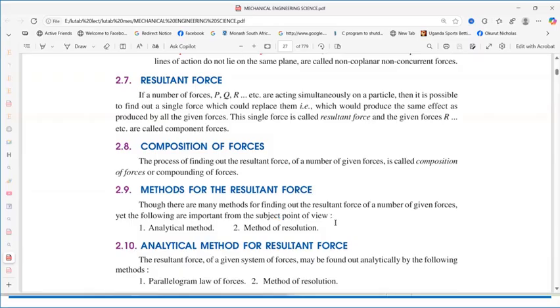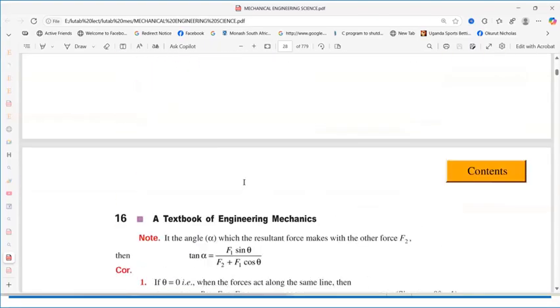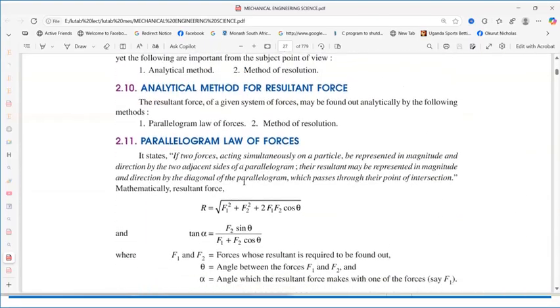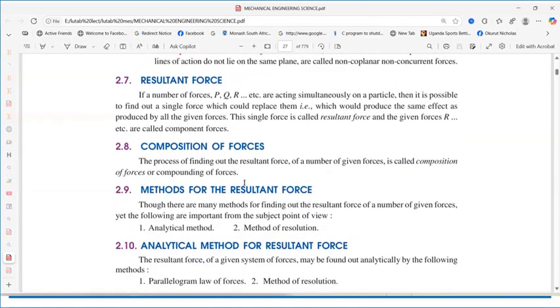Let's look at the resultant, then we look at the composition, and then we shall stop at the parallelogram law of forces. So resultant force is a force that produces the same effect as if you had brought a number of forces together.